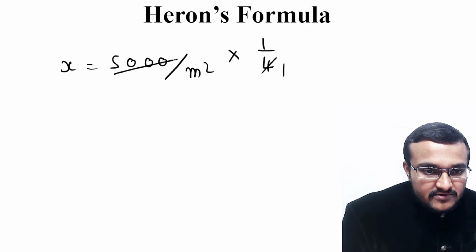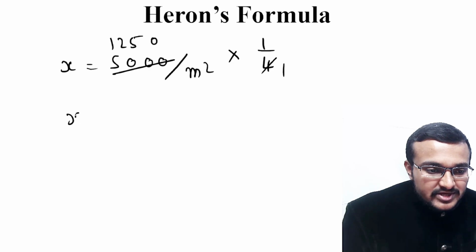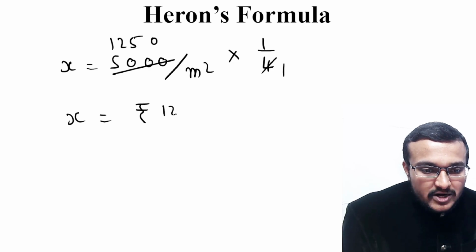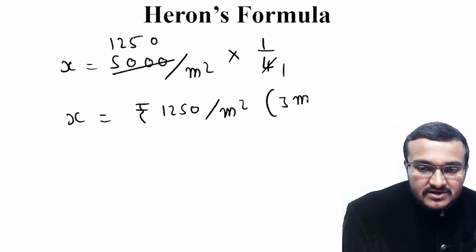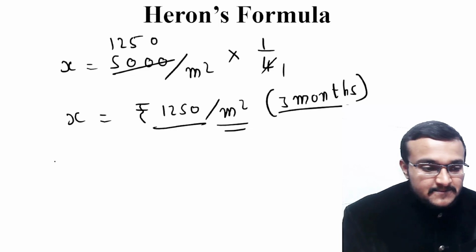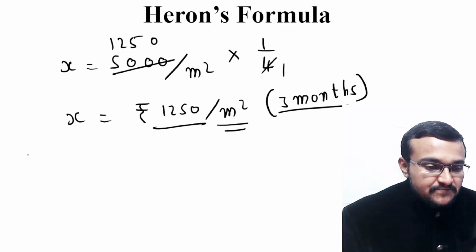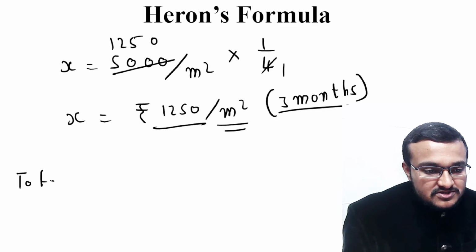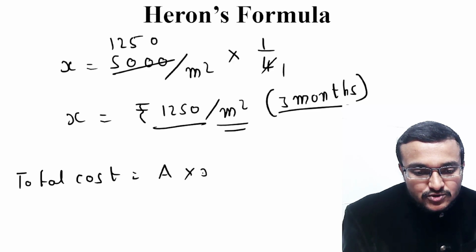So 4 ones are 4, 4 twos are 8, 20 will be there, 5, 0. So x is equal to rupees 1250 per meter square. This is for 3 months. So for 1 meter square, it is 1250 rupees for 3 months. Now you have to calculate the total cost for the total area. So the total cost will be equal to area into x.